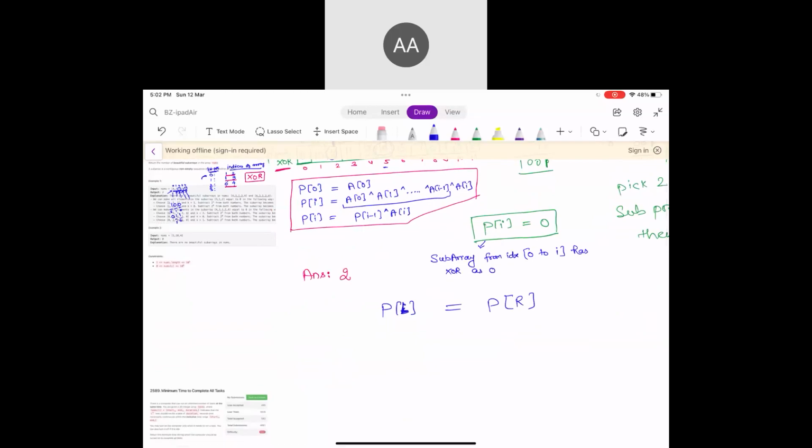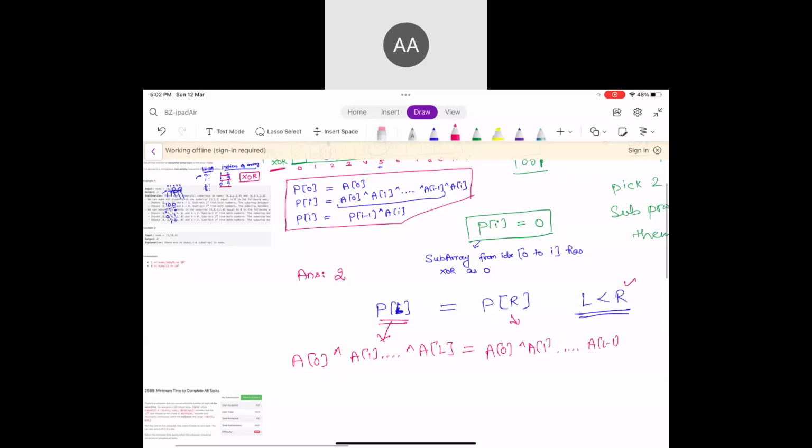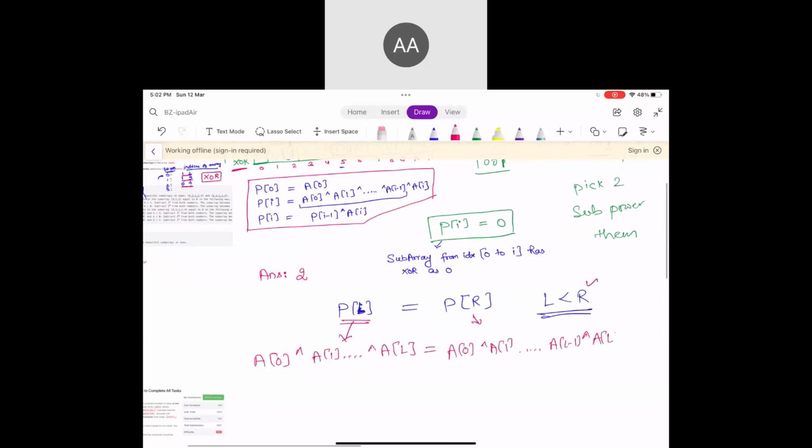Let me write it in expanded form. Prefix of L means, do you all agree with me, it is A0 XOR A1 all up to AL. This is prefix of L's definition. And since R is greater than L, can I say this is nothing but A0 XOR A1 all up to AL, then AL plus 1 up to AR?